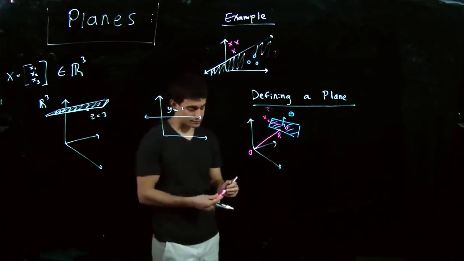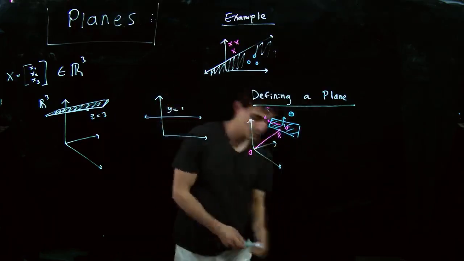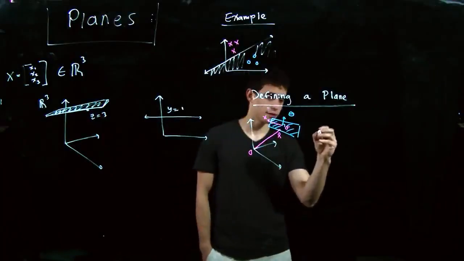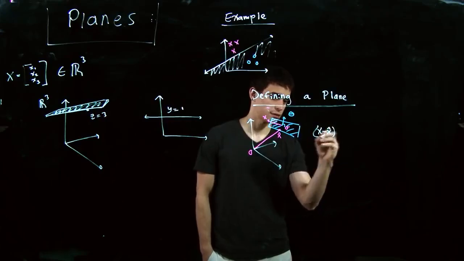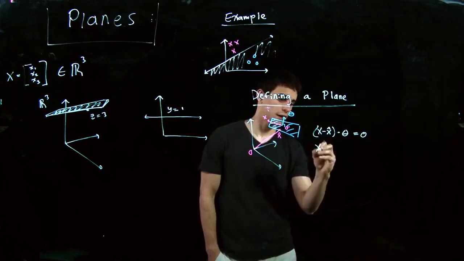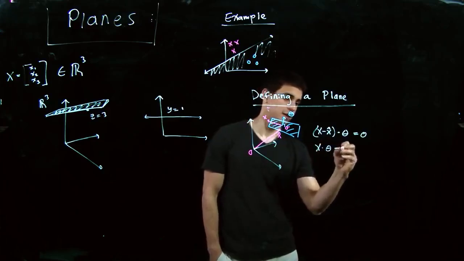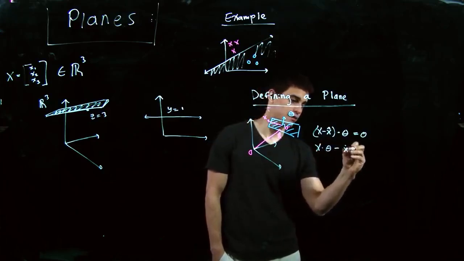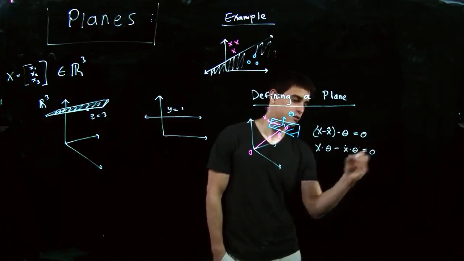So we can write it like this. This vector here is going to be x minus x hat, dot theta, is equal to 0. So x dot theta minus x hat dot theta is equal to 0.